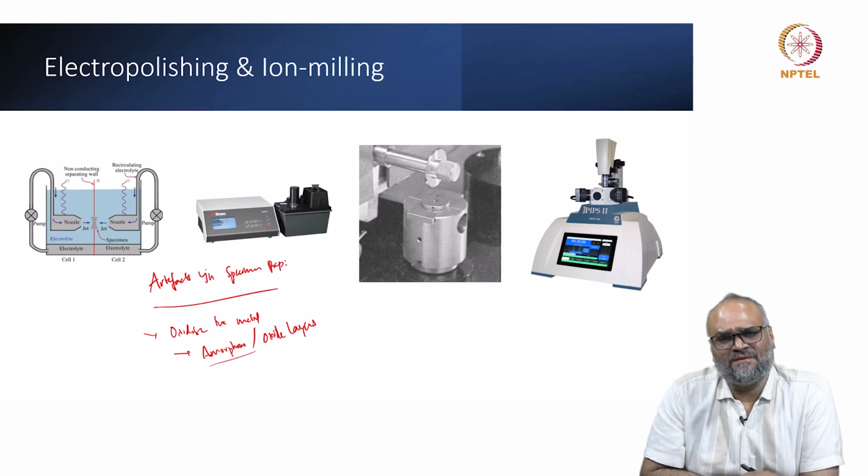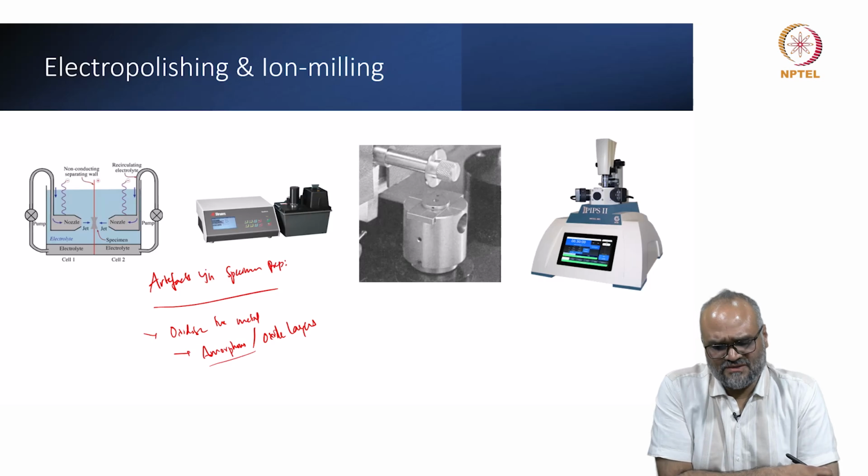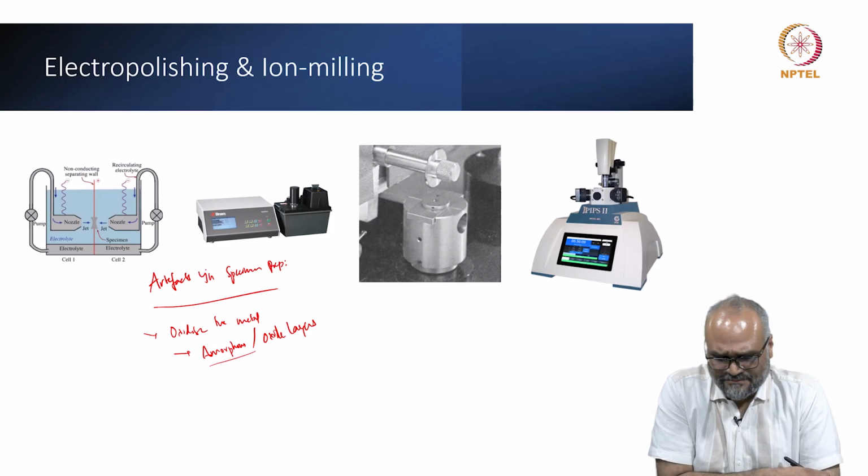It is good if you have an amorphous layer because you can use this for alignment in your microscope, but if it drastically changes the local chemistry of your sample, you should really tune the parameters really well.